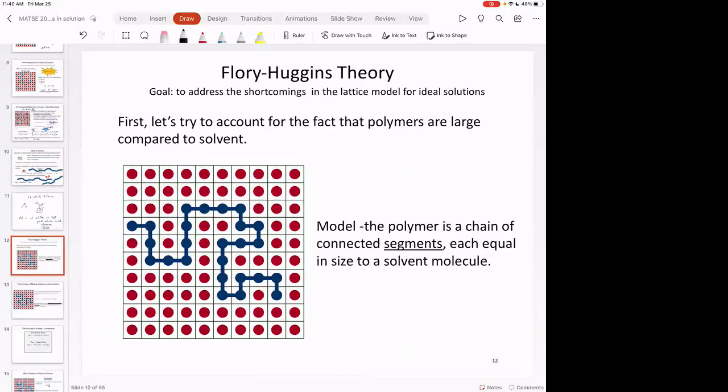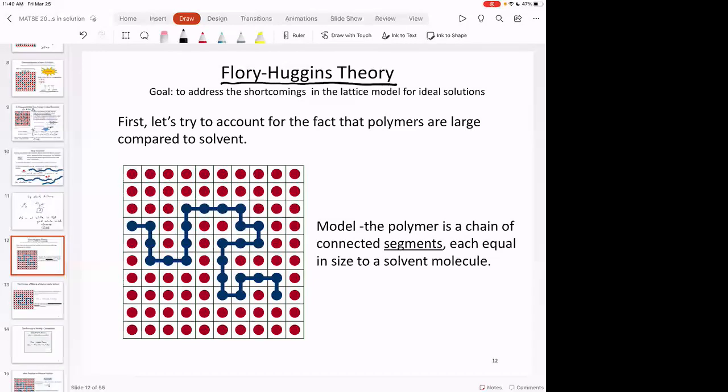The way that we describe polymer solutions is called Flory-Huggins theory, after Flory, who's a Nobel Prize winner in polymer physics, and Huggins, who doesn't have a Nobel Prize, but is memorialized with Flory in this name. When we mix polymers and solvents, or when we mix two polymers, Flory-Huggins is where we start. This is in all the polymer textbooks. It's discussed in your book.